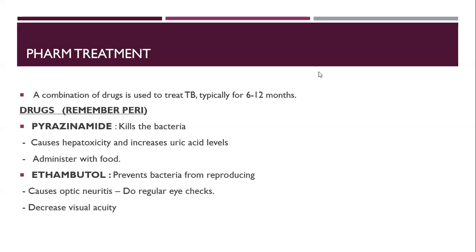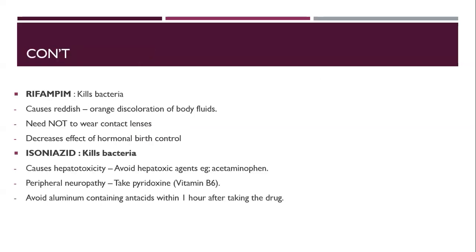So do you think you should give this drug to patients who have glaucoma or issues with the eye? No, because this drug can further inflame your nerves. So for ethambutol, check the eye often because it decreases visual acuity and causes optic neuritis. Next drug, rifampin.